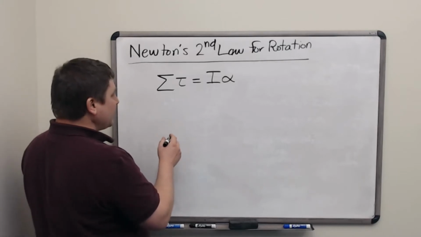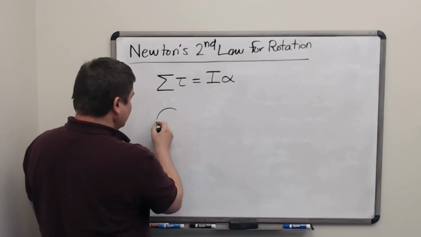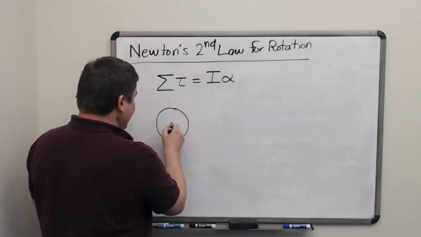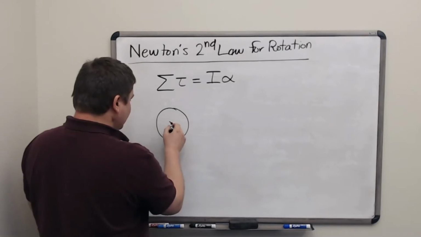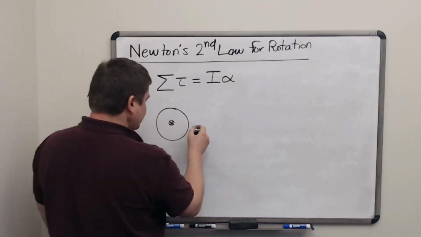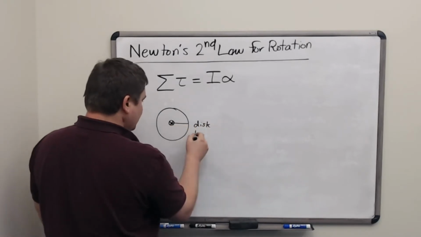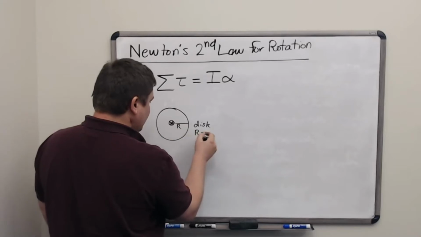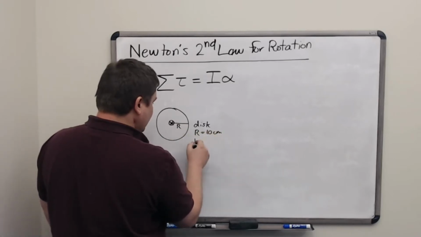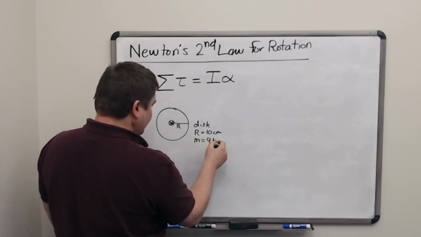Let's look at how we might apply this to a very simple problem. Let's say I have a rotating object with an axis at center. I'm told that this object is a disk with a radius of 10 centimeters and a total mass of 4 kilograms.